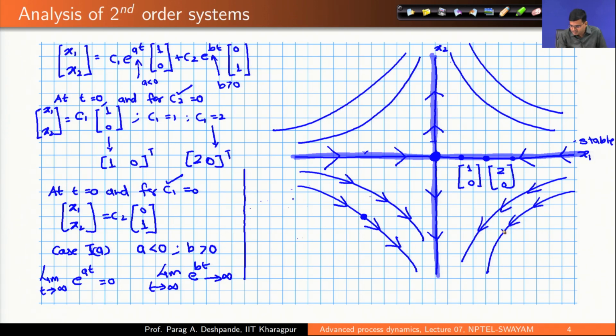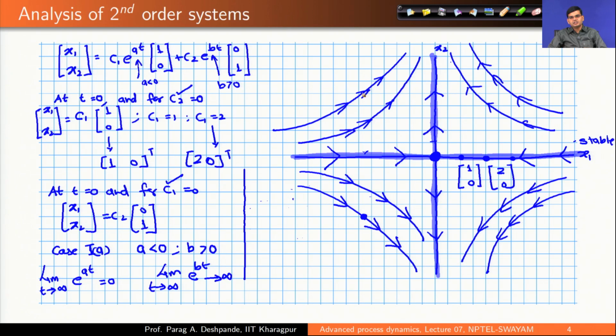Similarly, it would be this in this quadrant and this in this quadrant. The arrows, I must repeat, give you the direction of time, because the plot has been drawn between x1 and x2. So, when you go along the direction of the arrows, you are basically evolving the system in time.